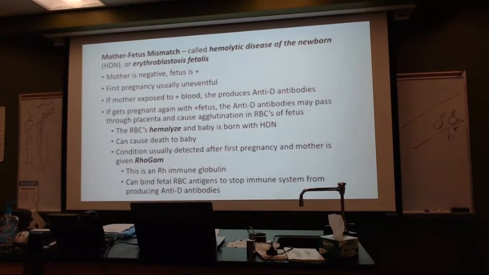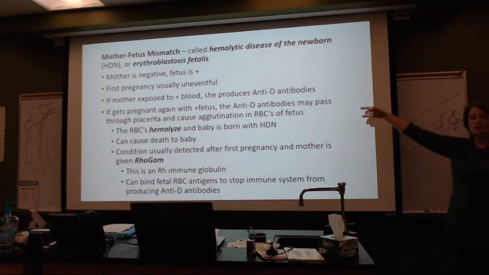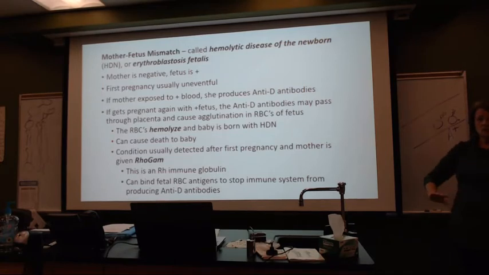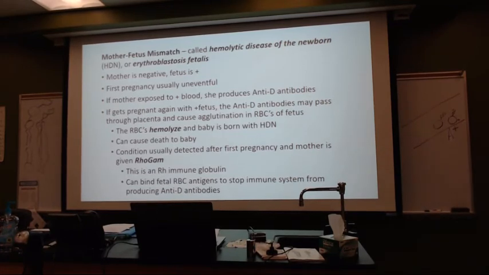So, as mom continues with the pregnancy, she begins to develop antibodies. First pregnancy, no problems, okay? But yes, you've got exchange of blood through that placenta. The mom's body has to supply the offspring, okay?